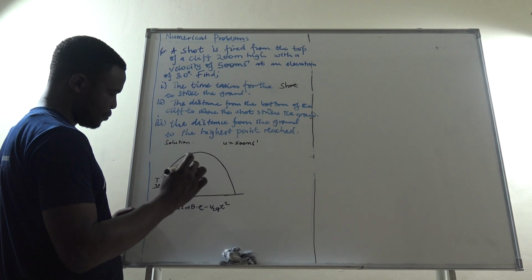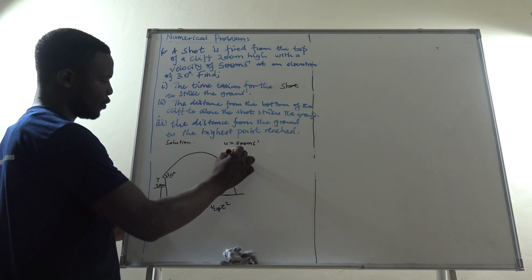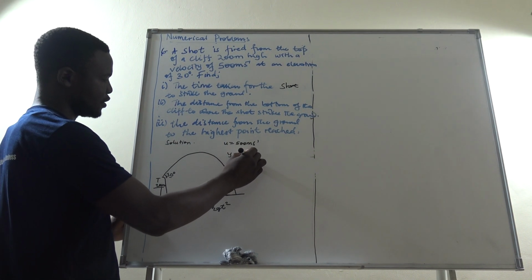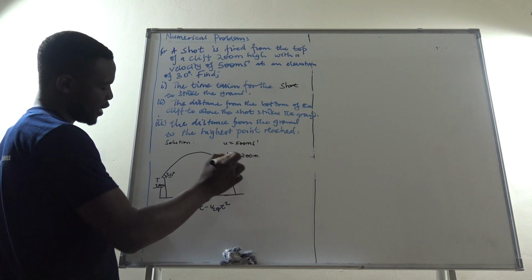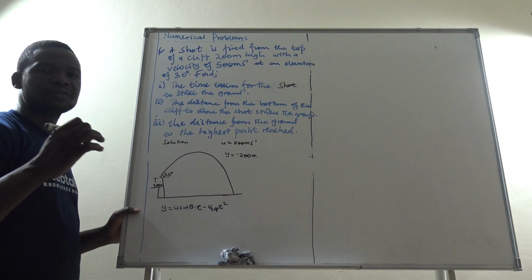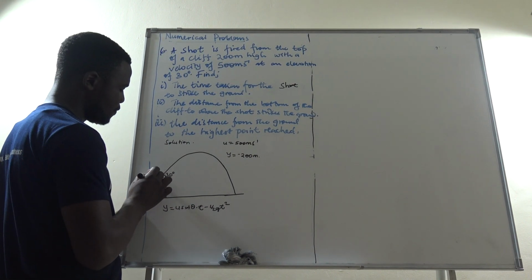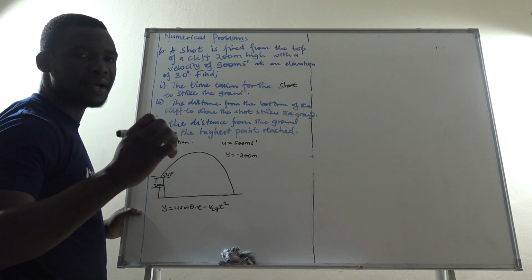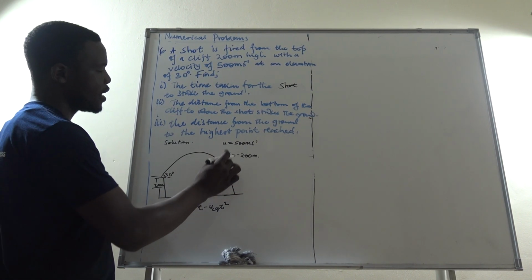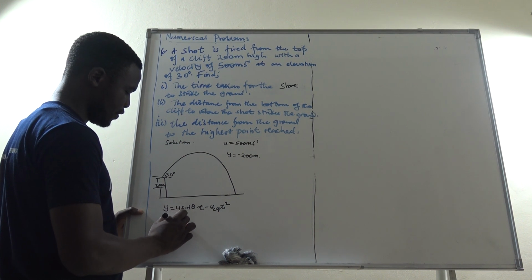Now, pay attention. What is our y? Y is negative 200 meters. Why? When we go back to sign convention under motion under gravity, if a distance is below the point of projection, then that distance has to be given a negative value.